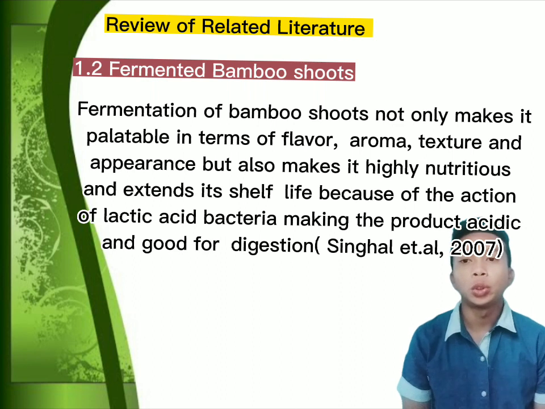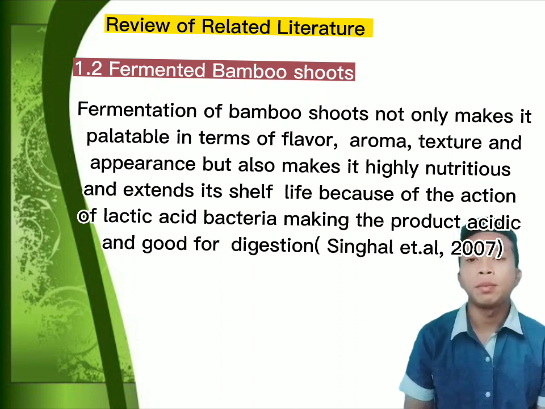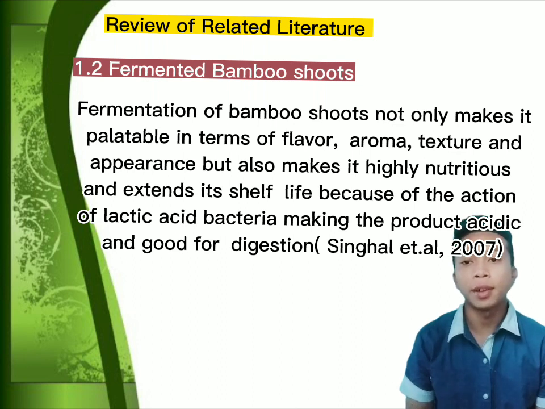For 1.2 Fermented bamboo shoots. Fermentation of bamboo shoots not only makes it palatable in terms of flavor, aroma, texture, and appearance, but also makes it highly nutritious and extends its shelf life because of the action of lactic acid bacteria, making the product acidic and good for digestion, according to Singhal et al. 2007.